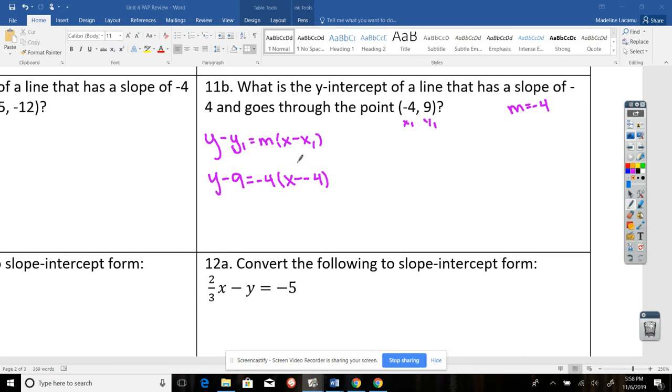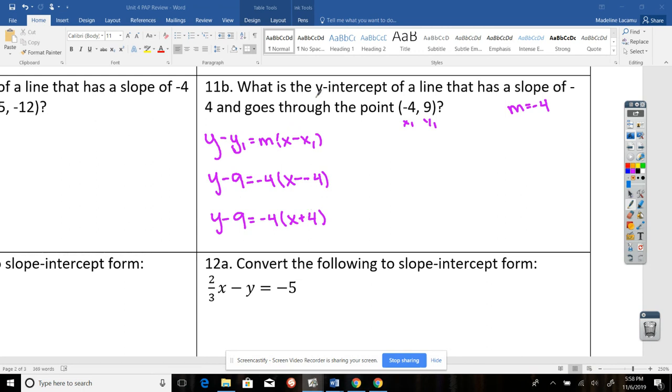So we can't keep this as minus a negative, so remember minus a negative becomes a plus. So we're going to end up with y minus 9 equals -4 times x plus 4. So that minus a negative becomes a plus sign.